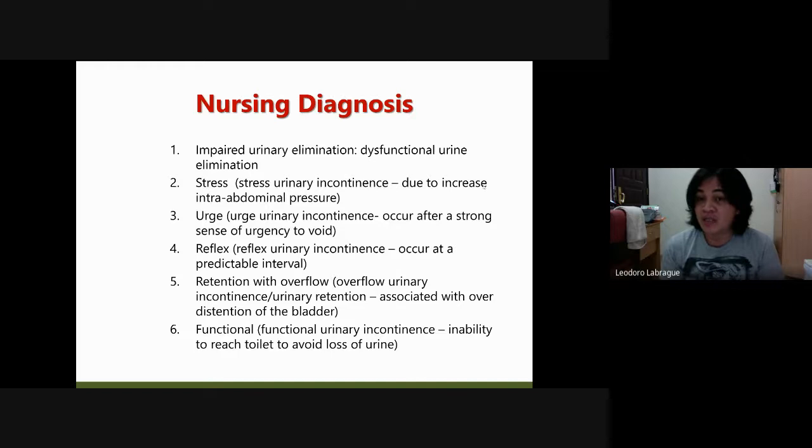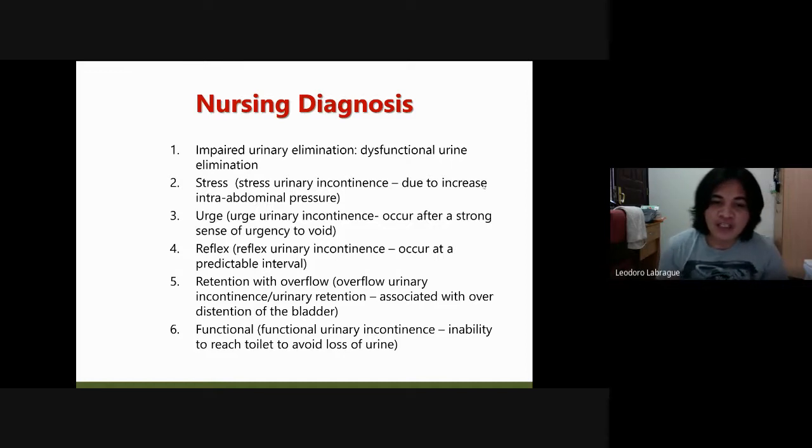Normally an adult person, even if we sense that we want to urinate, can control it. We can delay it for several minutes to hours, especially if there's no washroom. However, if the sense is very strong, your tendency is to what? You cannot control it, and you might experience incontinence.